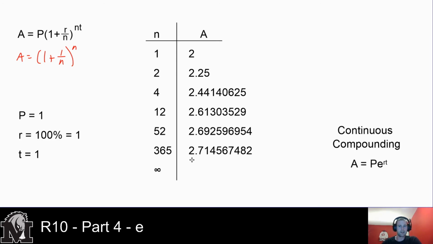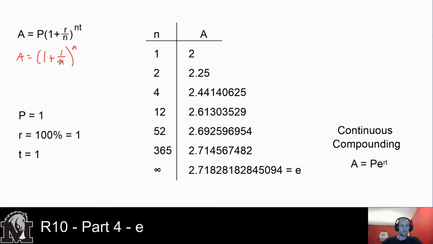So this is continuous compounding. And when you plug in infinity, I know you can't plug in infinity, infinity is not really a number, but as this number gets larger, you're going to get really close to 2.71828182845094, and so on, back to the number at the top of our page. And that is equal to e.